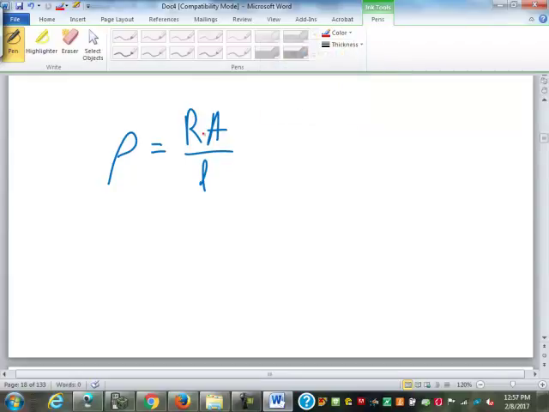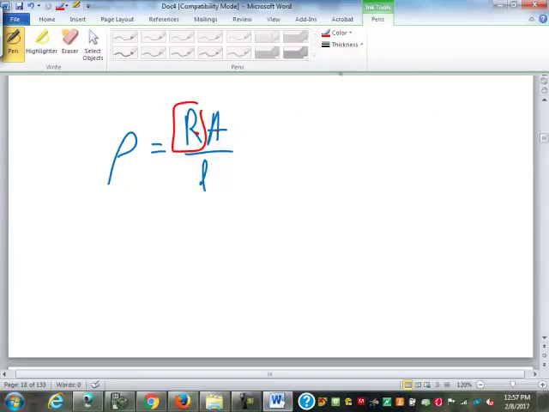In this form, it's not terribly useful. Generally, we would solve it for the resistance. This is actually the form I used when we were testing: you'd have the area of the wire, the gauge, the length of the wire, find the resistance, and this formula would give you the resistivity.